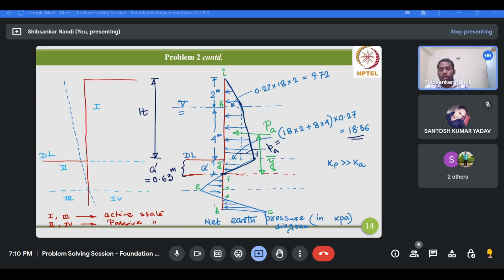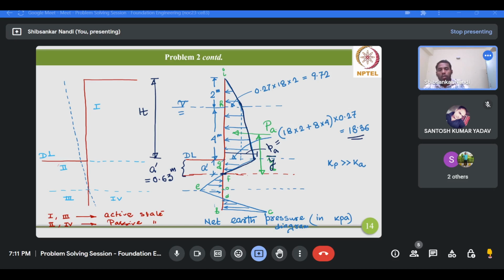Now at which level this PA is acting, the line of action of this PA from the point of zero pressure, is represented by y bar, and this y bar you have to report in problem 3. How do we determine this y bar? Just take the moment of this diagram about this point of zero pressure.